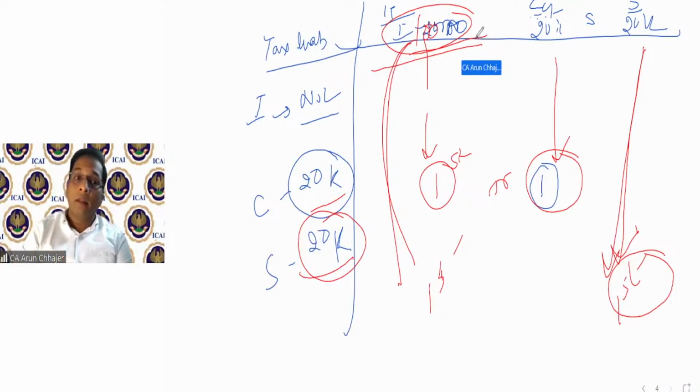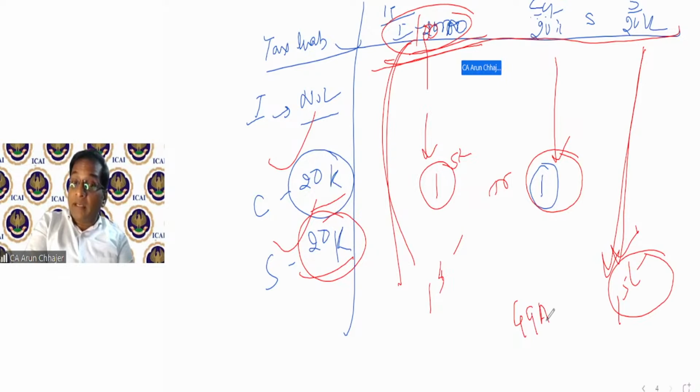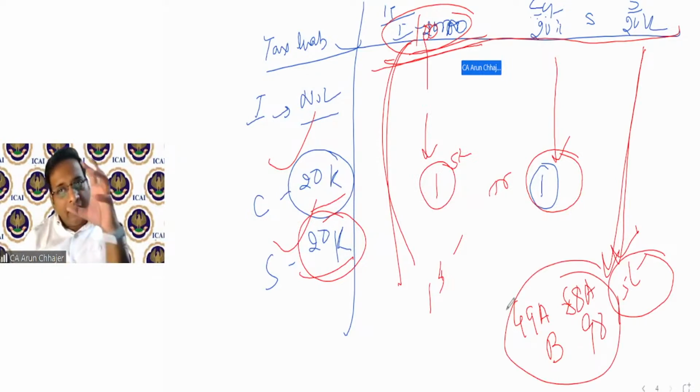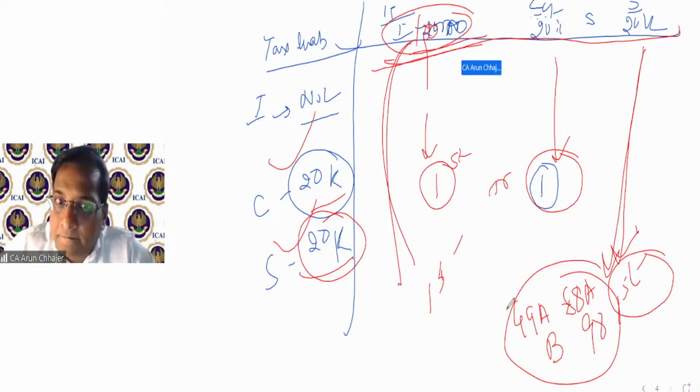Let me repeat once again. You have the liability of C. You have the liability of S. You have sufficient ITC in all the heads. As per the new provisions, Section 49A, 49B, Rule 88A and Circular 98, combining all the provisions, the liability of C or liability of S should be discharged from I first.